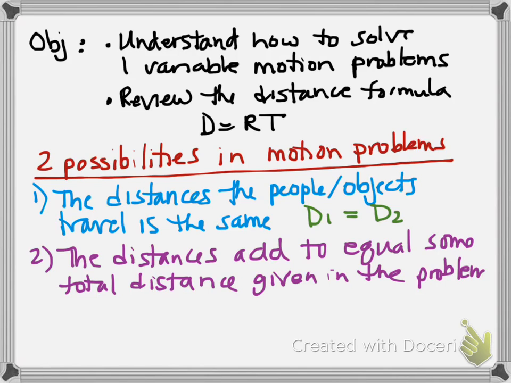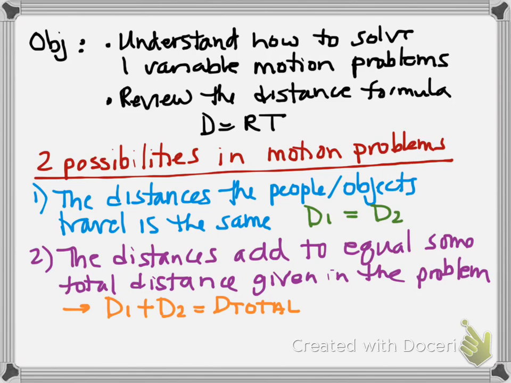So there will literally be a number that has a distance label in it, and it's basically saying this is how far apart these 2 are. Okay? So with this, we would say the distance of one plus the distance of the other is going to be equal to this total distance that you're given in the problem. Okay.